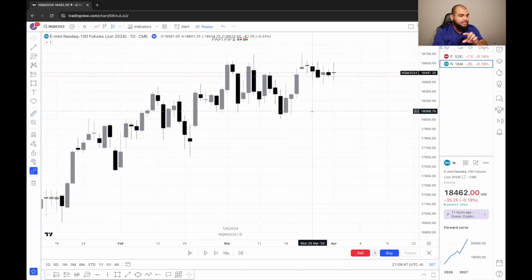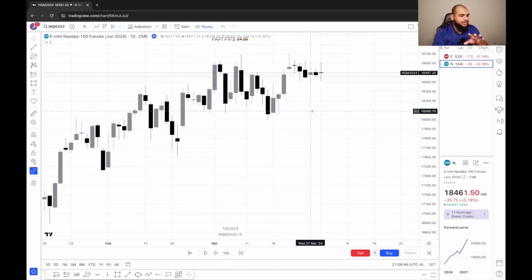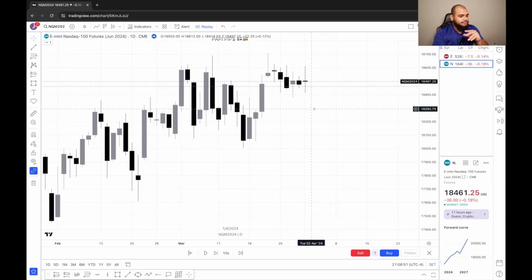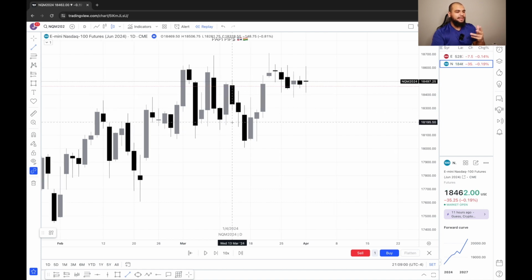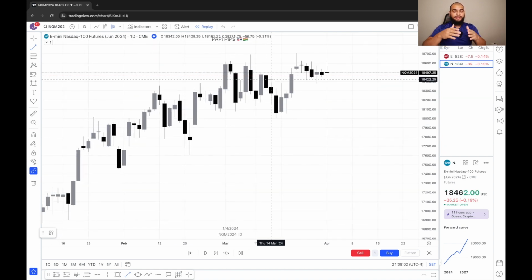Once I started using this in my trading, it changed the game, right? Because I didn't really understand the order flow and all that good stuff. But once I started using this, I was like, man, all I gotta look for is my setups, liquidity, and I'm good.